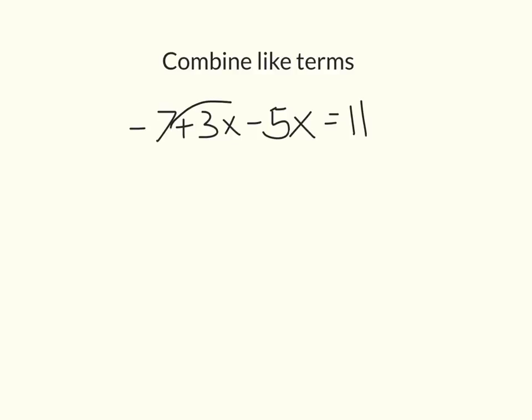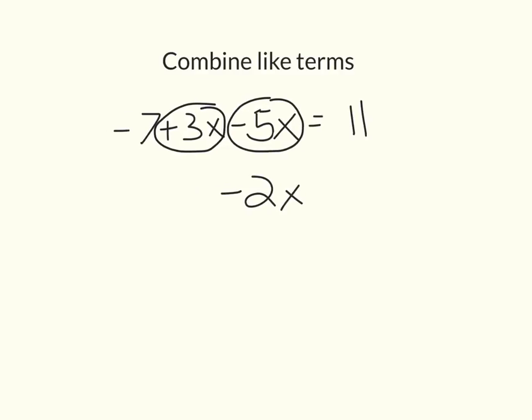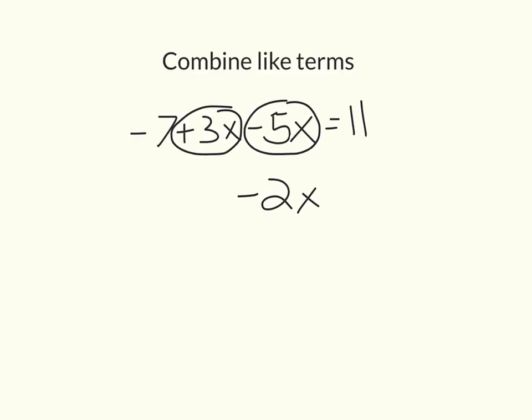Alright, looking at this, I've got a positive 3x and a negative 5. Positive 3x, negative 5. 3 minus 5 is negative 2. So that's negative 2x. But I'm going to slide that negative 2x over. Oops, not the whole thing, please. I'm going to take this negative 2, and I'm going to actually give myself some space to work with it, because I know that I need to do something with that negative 7.